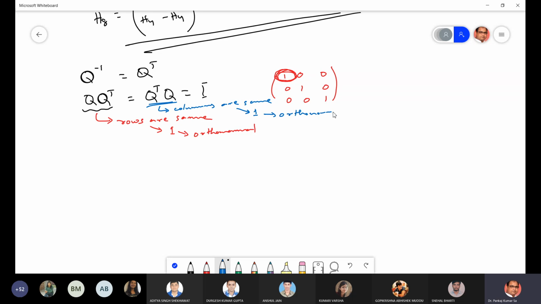Now if rows are different or columns are different, that is equal to 0.